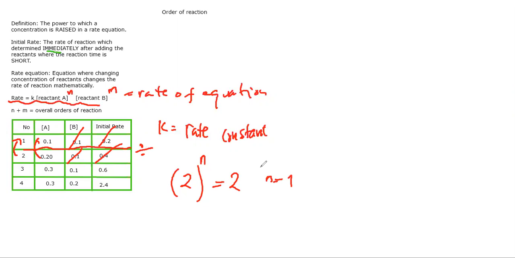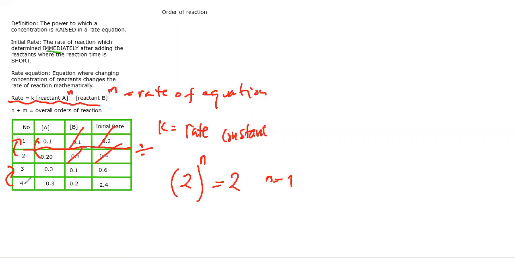And then if you wish to find the order of B, you have to find where the concentration of A is constant.